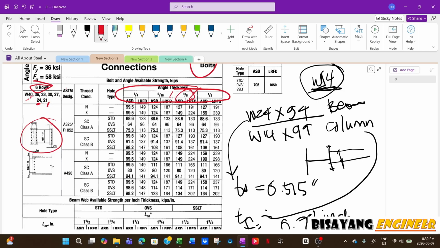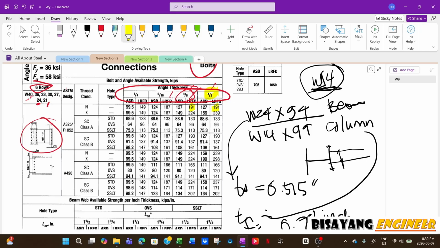Now, if you noticed, the capacity of a 3/8 angle and a one half inch angle is the same. See, you notice this one, 191. This is also 191. So there's really no point of going half inch thick because you don't gain any extra capacity.